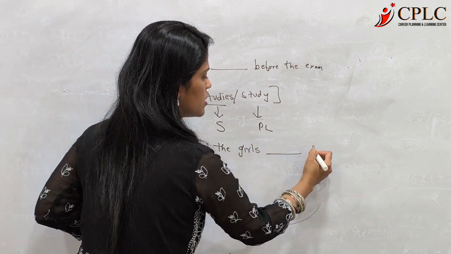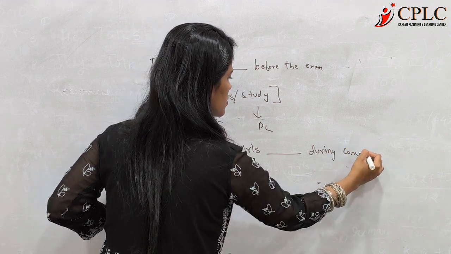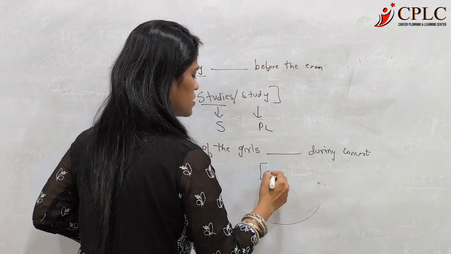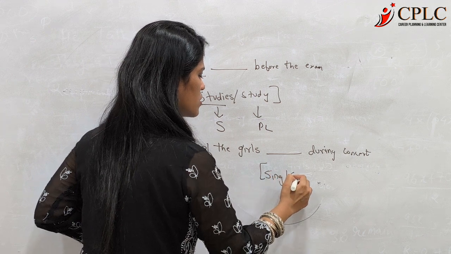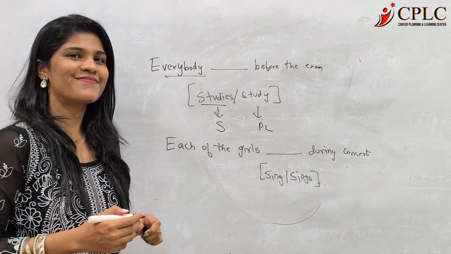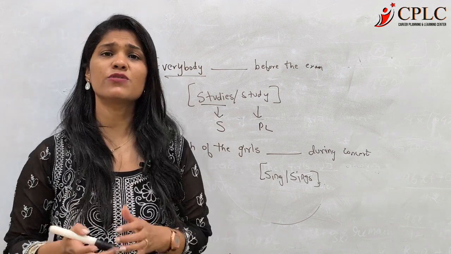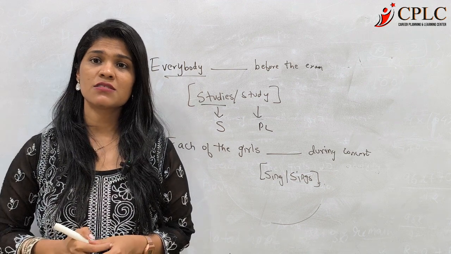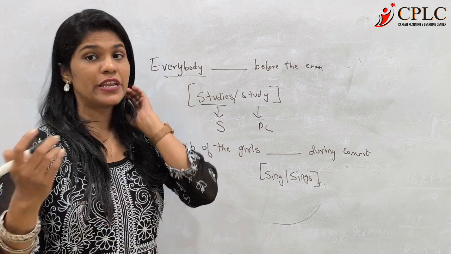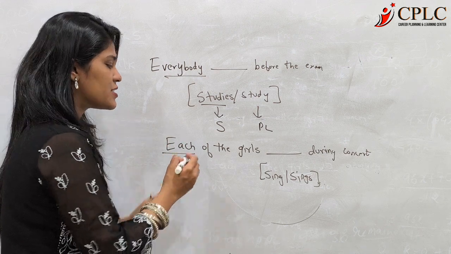Next, each of the girls dash during the concert. Sing or sings? Sing. Why? Can you tell me why you chose sing? Because each is an indefinite pronoun. Very good. Till here you're right.